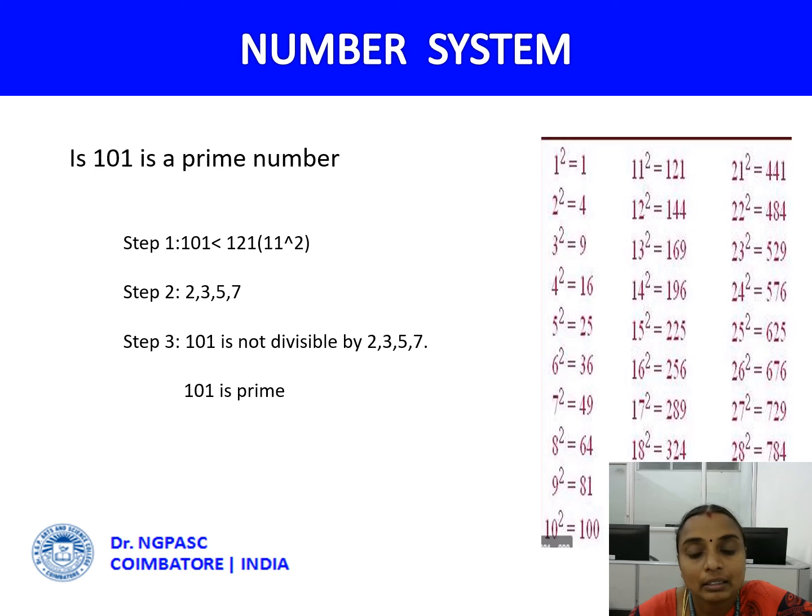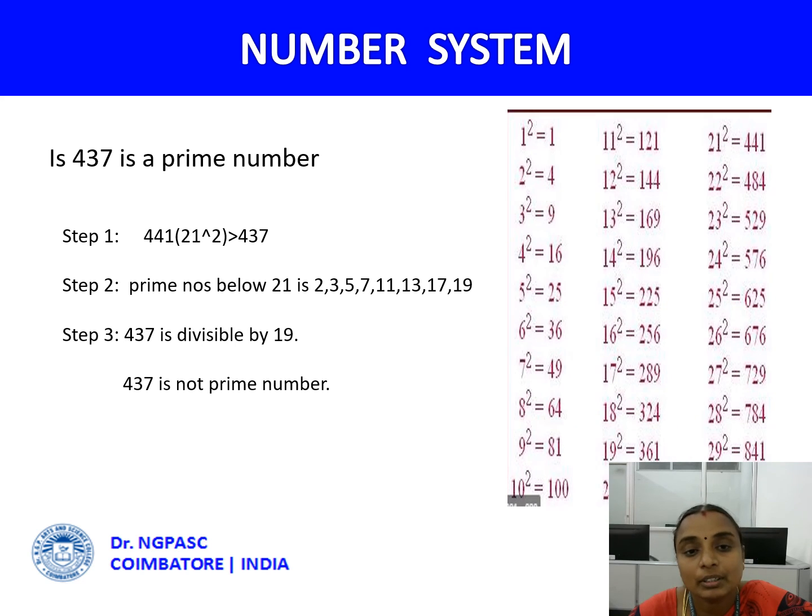So you take 11 square, that is 121. The prime numbers below 11, in step 2, are 2, 3, 5, 7. In step 3 we check whether 101 is divisible by 2, 3, 5, 7 or not. No number divides 101, so we can say this number is a prime number.